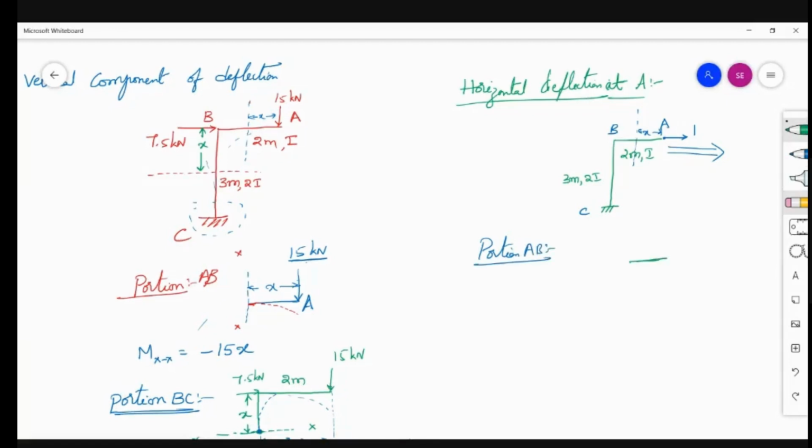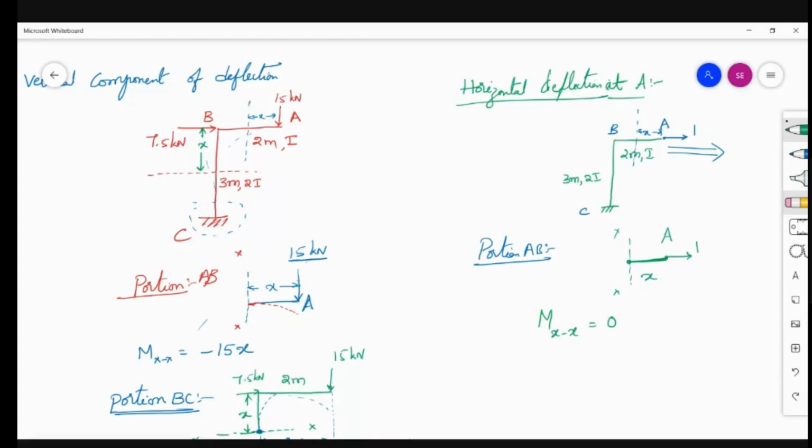This is the distance x, this is section XX, and this is point A. Here a unit load 1 is acting. Now what is the moment at XX? The line of action of the load is passing through the point. Hence, the moment is 0.